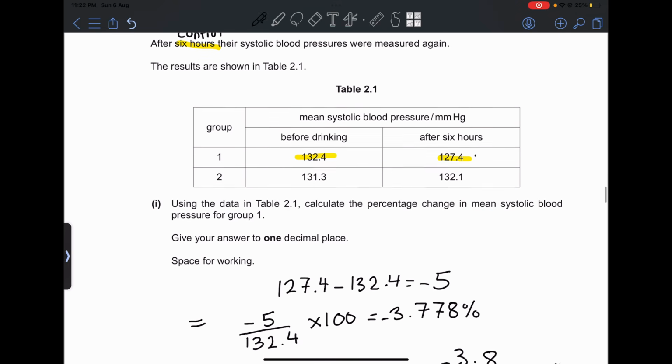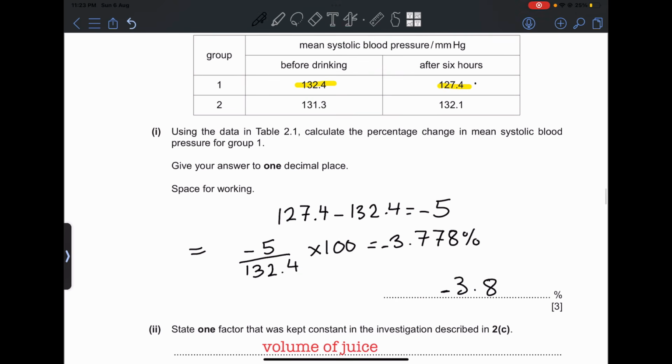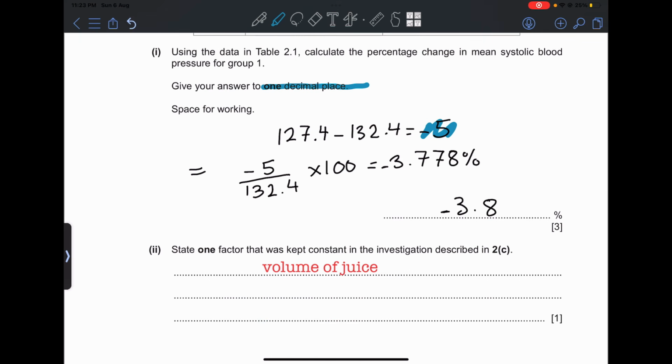To calculate the percentage change, you subtract the old number from the new number, and you divide this result by the old number, which was before drinking, and multiply by 100 to get the percentage change. This will give you negative 3.778. You're going to round it to one decimal place because the question asks for it. You get negative 3.8%, or you can just write 3.8% without the negative.